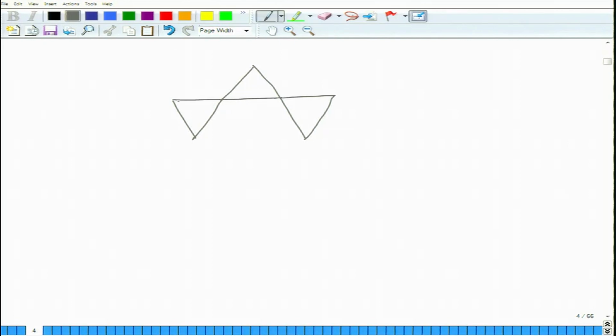So these are all polyhedra arranged in such a fashion. They make a hexagonal network.